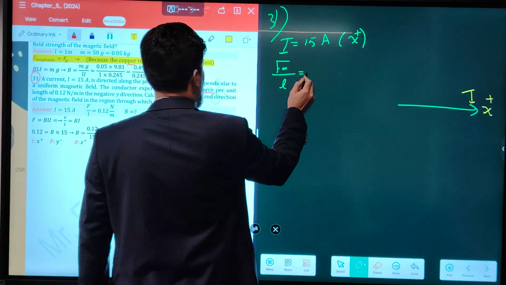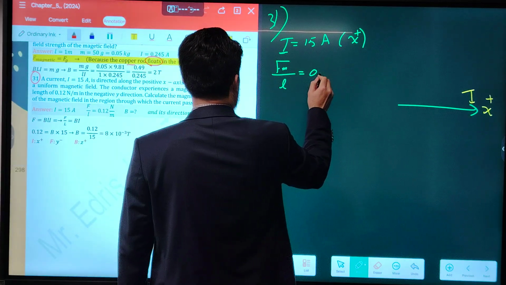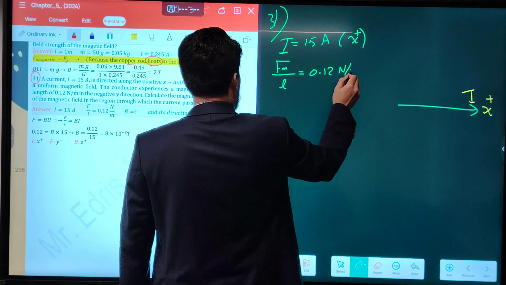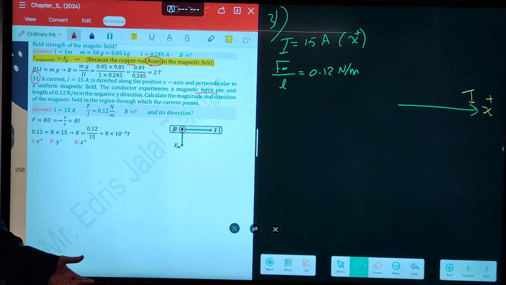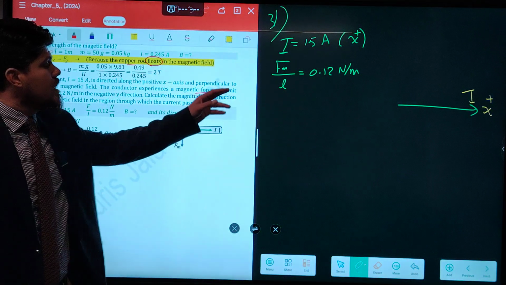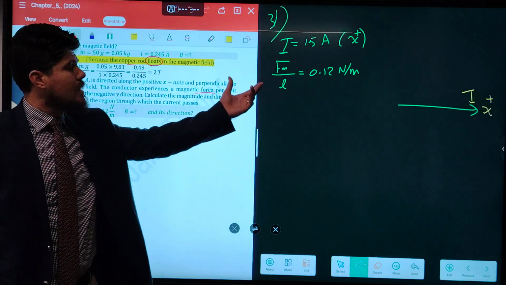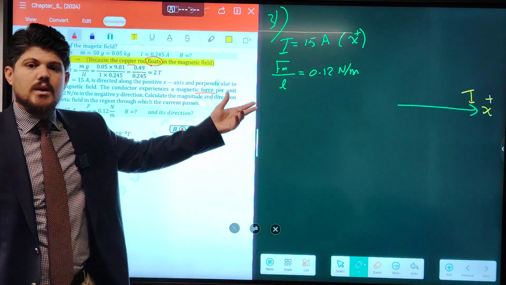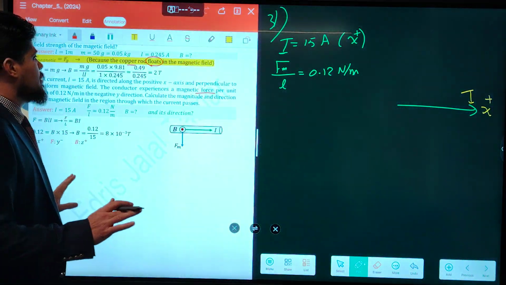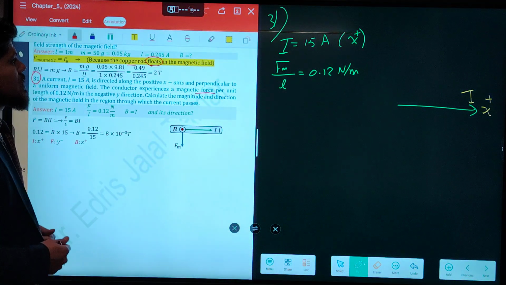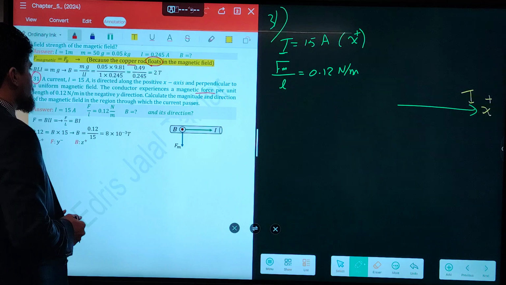Fm over L is equal to 0.12 Newton per meter. So instead of giving the magnetic force and L individually, both are given together as Fm over L, 0.12 Newton per meter. We have to treat this fraction as one variable.